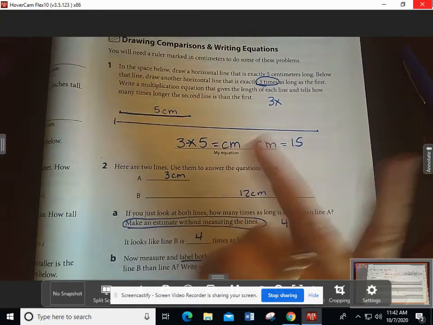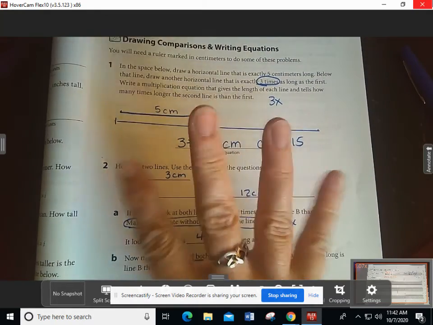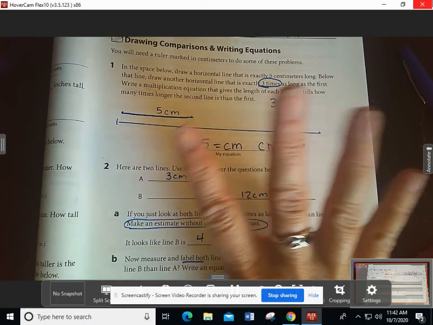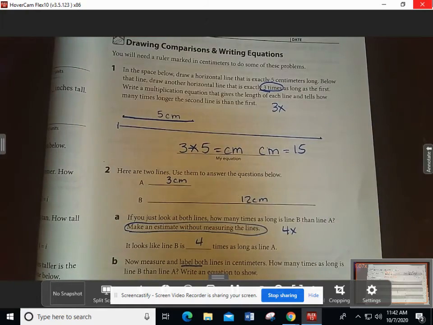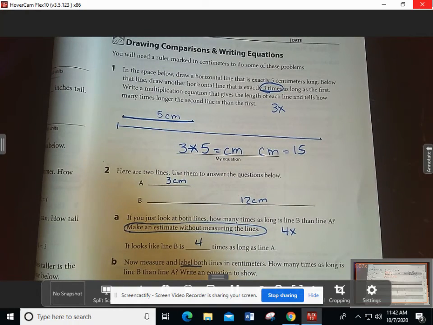Reese? Count by 3s. Okay, we can count by 3s. 3, 6, 9, 12. How many times longer is it? 4. Adrian had a good estimate. 3 times 4 equals 12 centimeters.